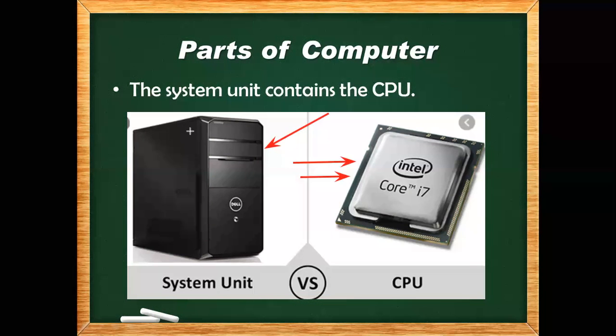We sometimes call the system unit a CPU, but basically both of them are different. The system unit contains many things like the CPU, the hard disk, and RAM, but the CPU is just the CPU. I will show you how small it is and where it is in the system unit.